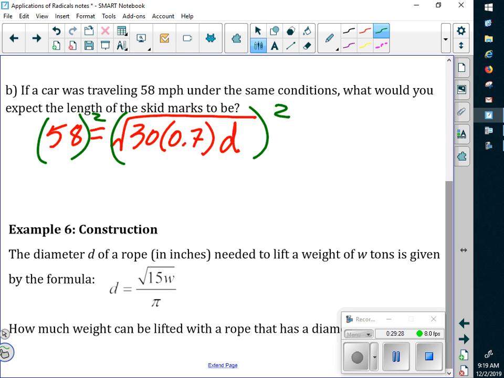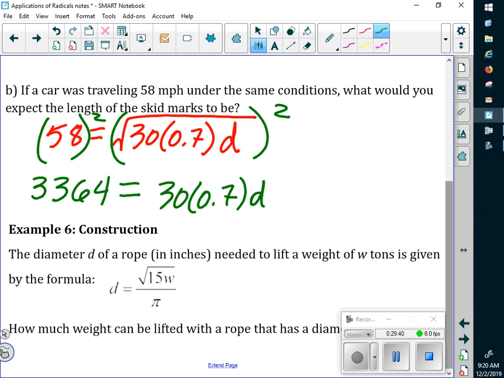What's 58 squared? 3364. So 3364 equals 21D.